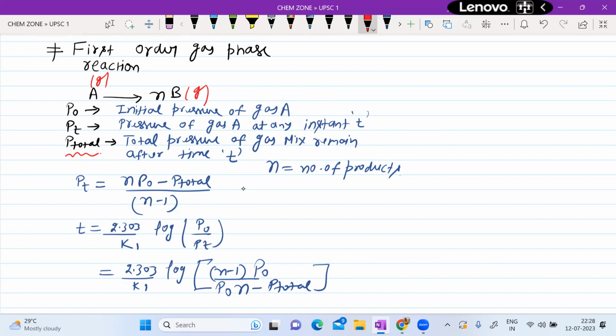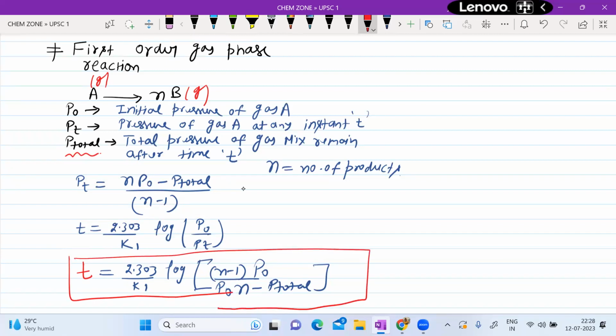So this is the expression which we can use directly during the numericals for the calculation of time, where n is the number of products.